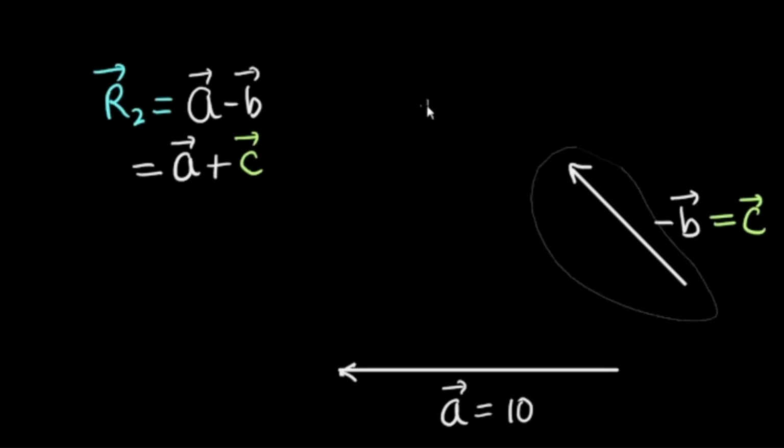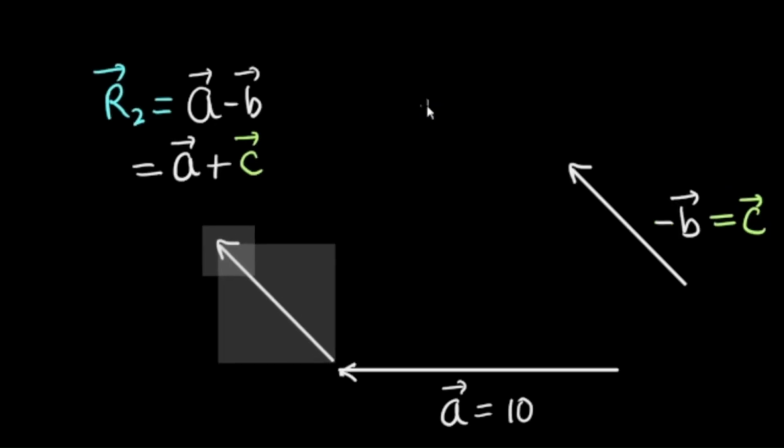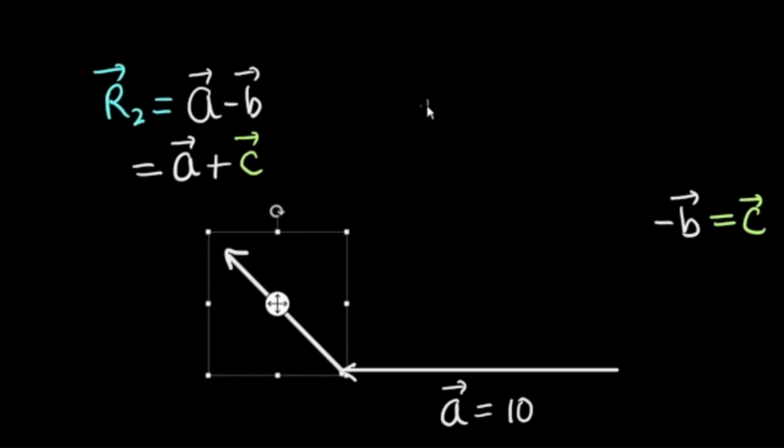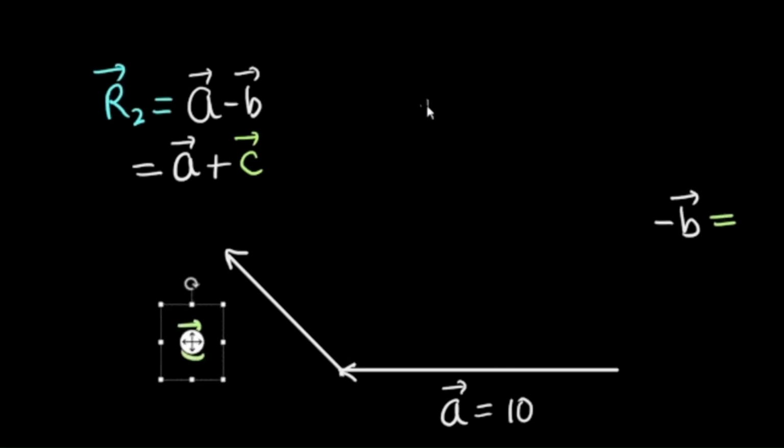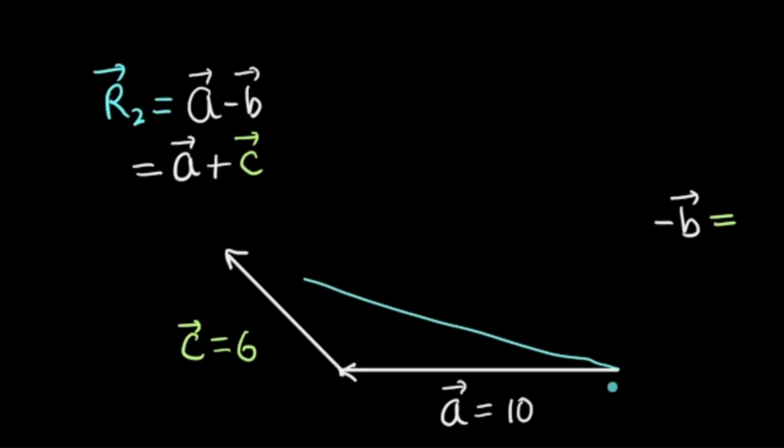That means the tail of vector C is going to coincide with the head of vector A. So all I have done is I have moved vector C parallel to itself until its tail coincides with the head of vector A. So here you go. Now you tell me, how would you draw the resultant R2? The resultant R2 will be a straight line arrow drawn from the tail of vector A to the head of vector C. Here we go, R2.